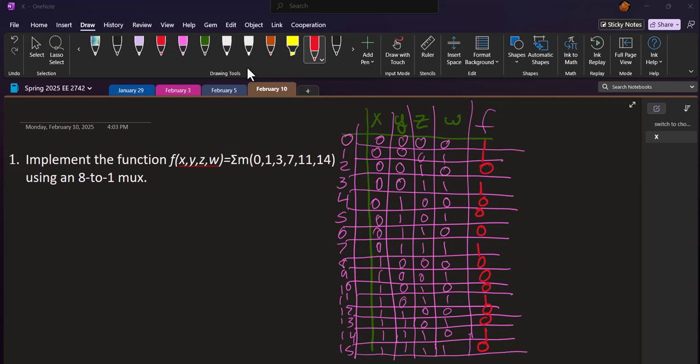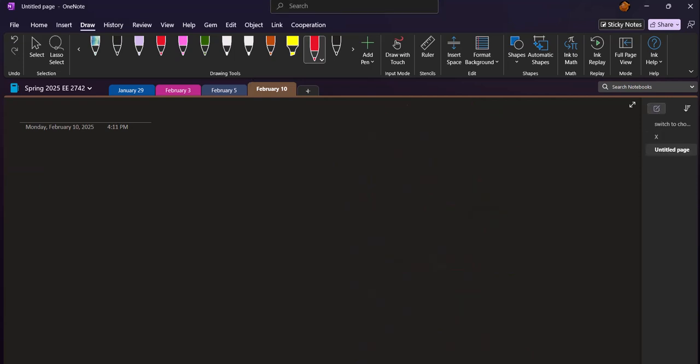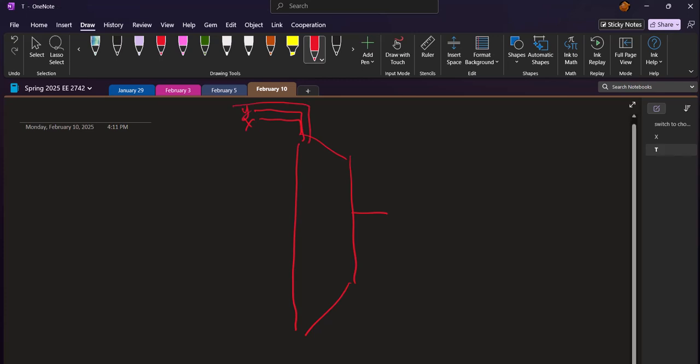Thank you, thank you. If we had a 16 to 1 multiplexer, this would be super easy. Because if we had a 16 to 1 multiplexer, which we don't have, then what we would do is we would do X, Y, Z, and W as our inputs.